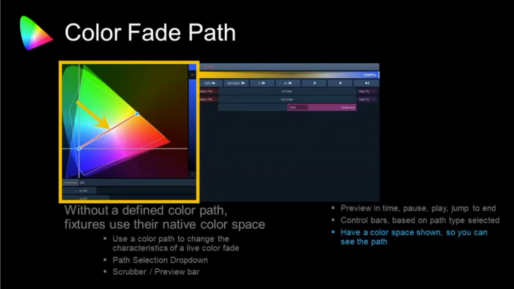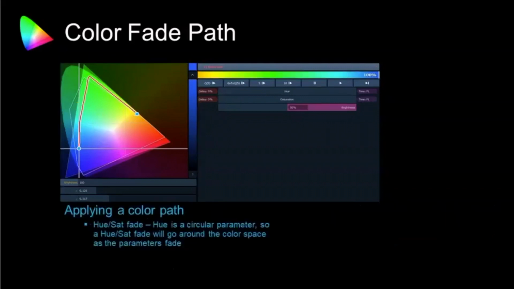So just a quick preview of some of the color paths. One of the options is your hue saturation. And again, because hue is a circular parameter, what this path looks like is sort of like a wander through all the colors because we're fading around the space. So in this particular example, I'm fading just my hue because I'm going from one really saturated color to another really saturated color.